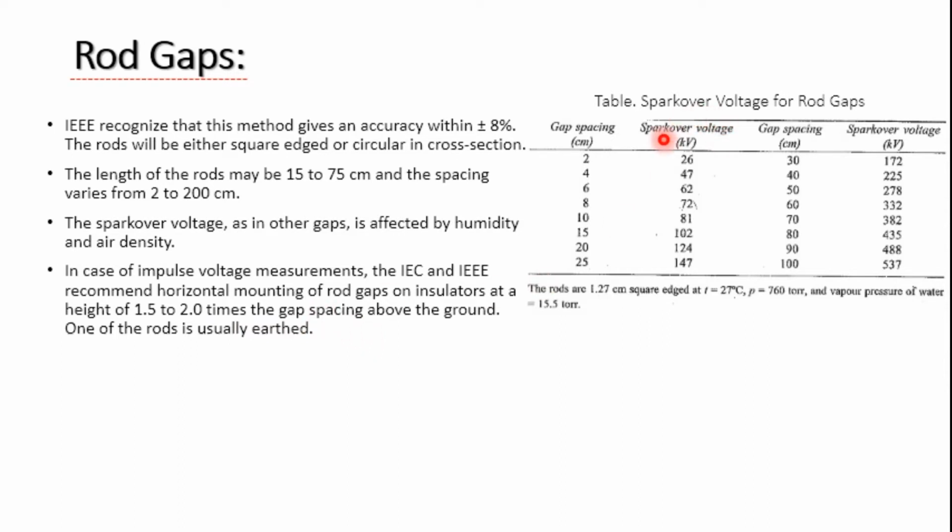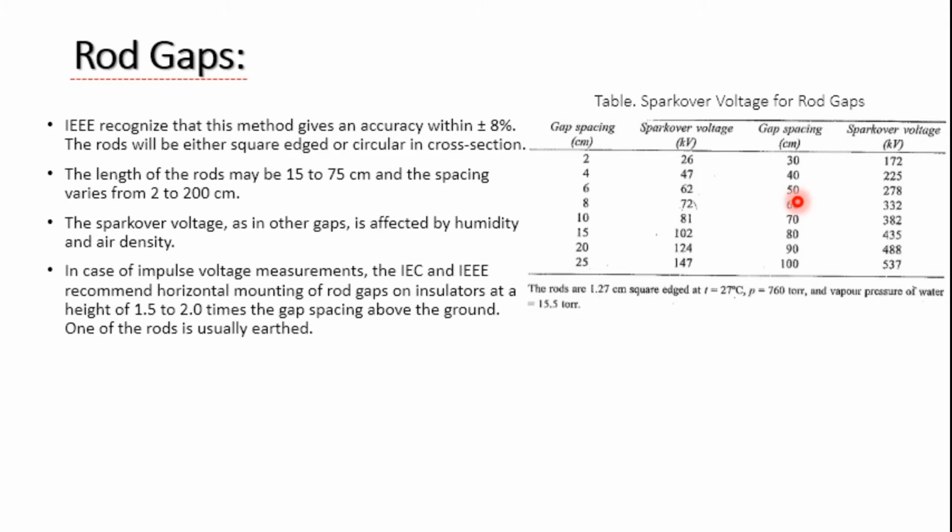This is the table column which is given for the gap spacing, and there is a correction for humidity for a 1/5 microsecond impulse wave of either polarity.